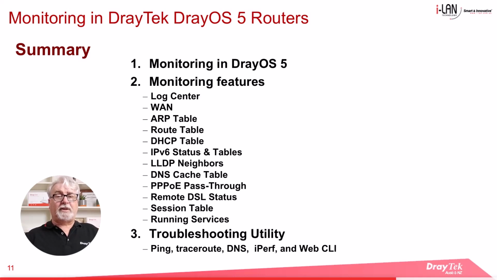After that, we explored the utility menu, where we looked at practical tools such as ping, traceroute, DNS query, iPerf, and the Web CLI. These tools allow quickly identifying and resolving network issues directly from the router. By using these monitoring and troubleshooting features together, you can maintain better visibility and control over your network, ensuring smoother operation and faster problem resolution.